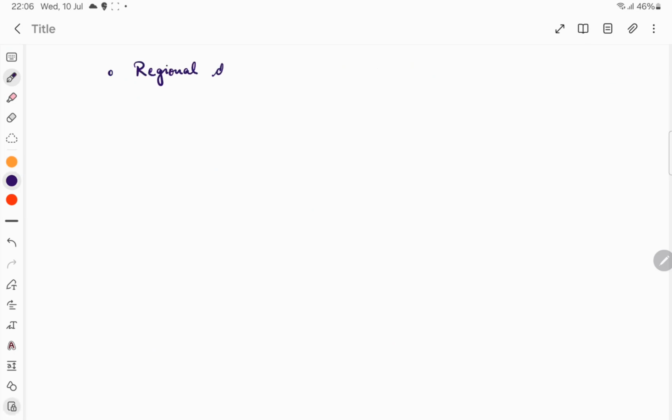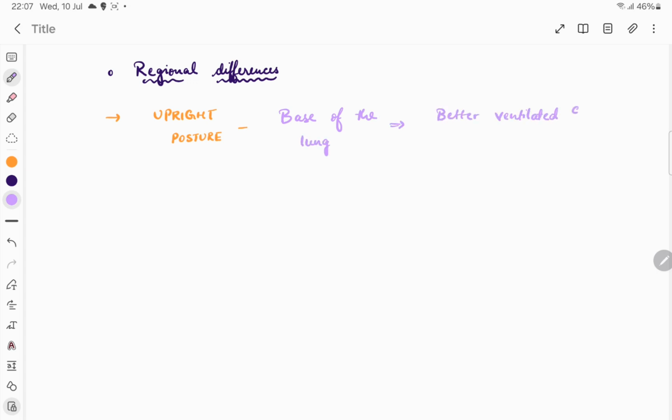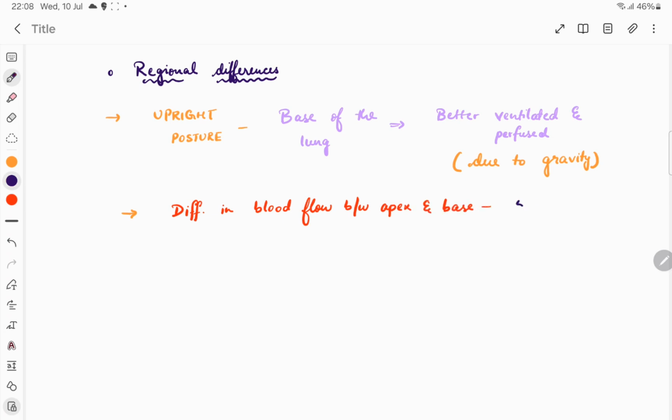Now let us see about the regional differences in the ventilation perfusion ratio. In the upright posture, normally the base of the lung gets better perfusion and ventilation due to gravity. So the difference in blood flow between the apex and the base is fivefold, whereas the difference in the ventilation between the apex and the base is twofold.